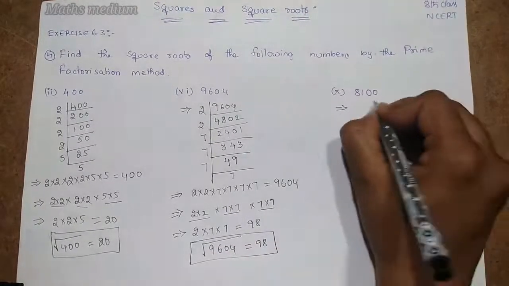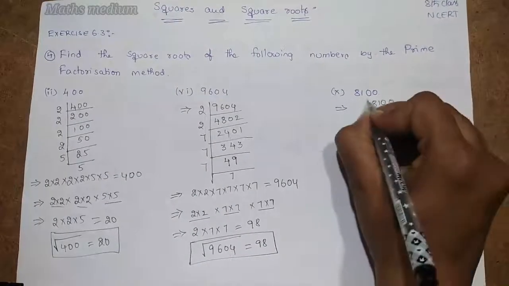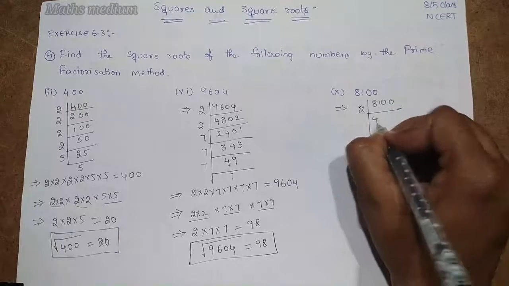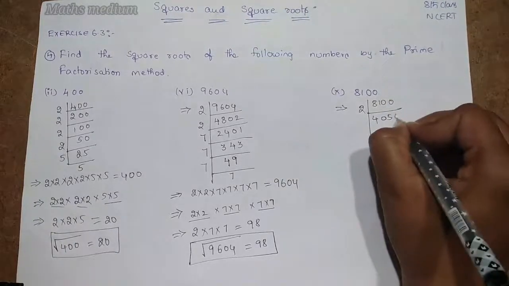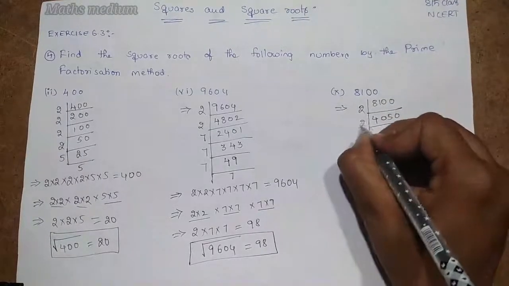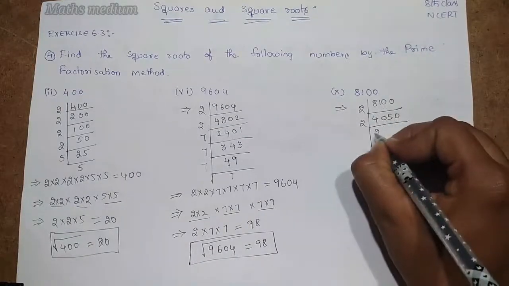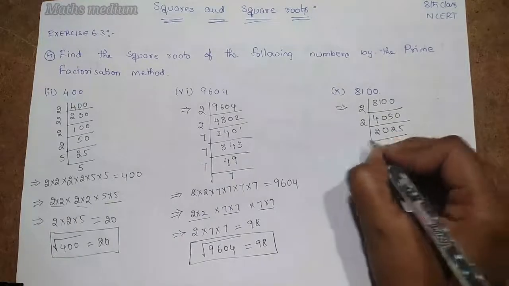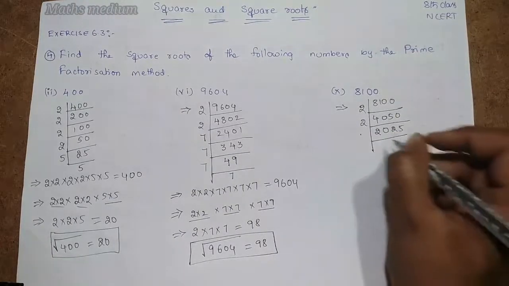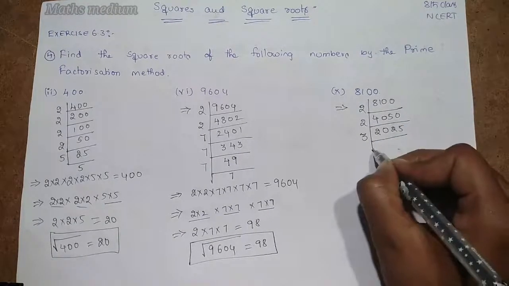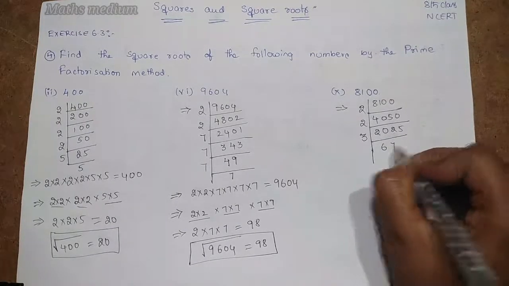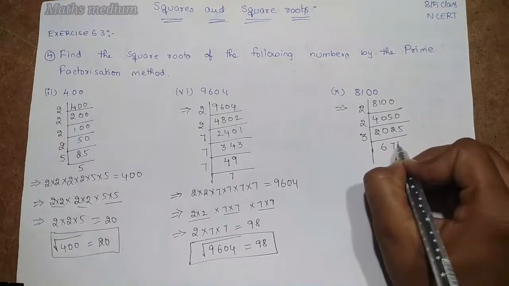Next, coming to the last one, 8100. Again prime factorization by 2. 2 4s are 8, 0. 2 50s are. Again by 2, 2 2s are 4, 0. 2 25s are. Next, by 3, 3 6s are 18, remaining 2, 22. 3 7s are 21, 15. 3 5s are 15.